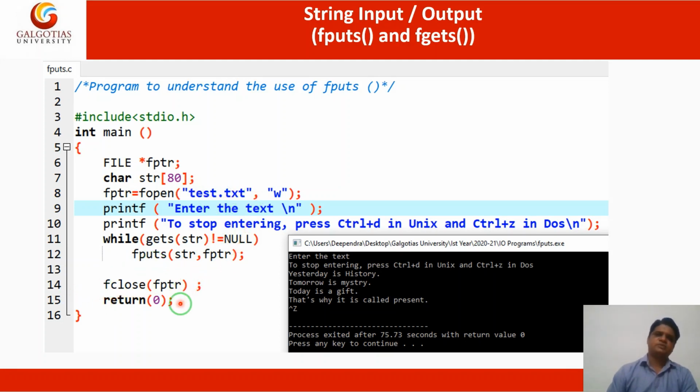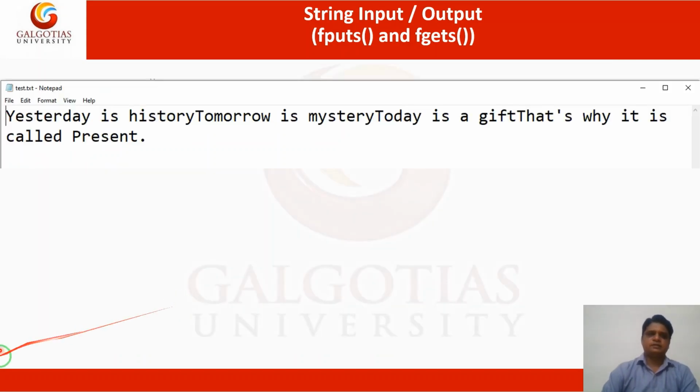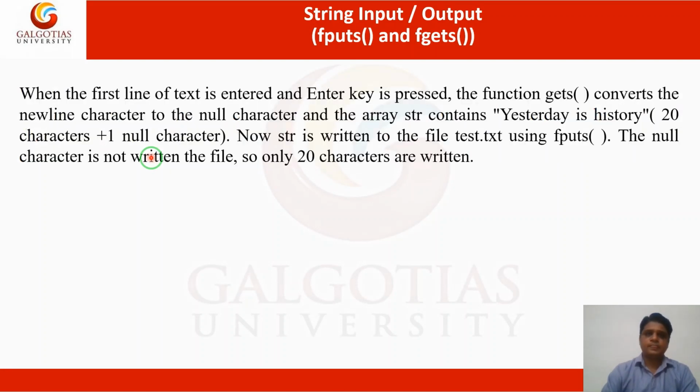So what is the difference between fputc and fputs? With fputc, we can write data one character at a time. But with fputs, we can enter the whole string into the file like that. This is the string which is entered into the file.